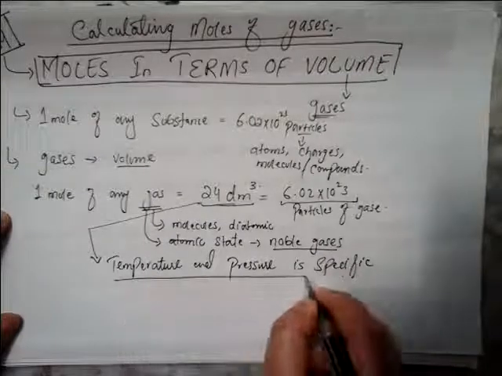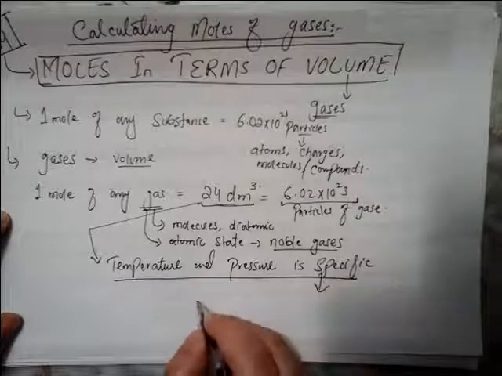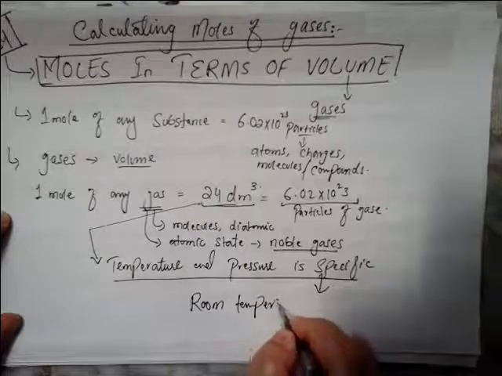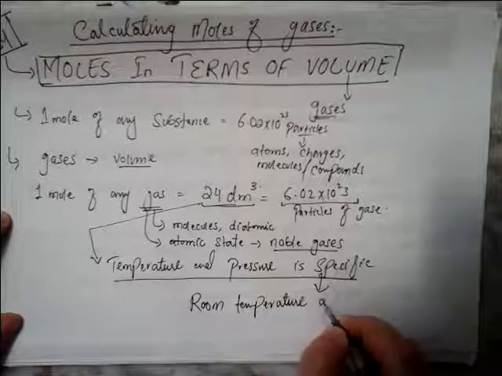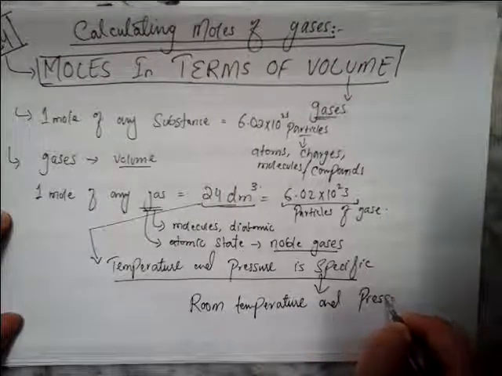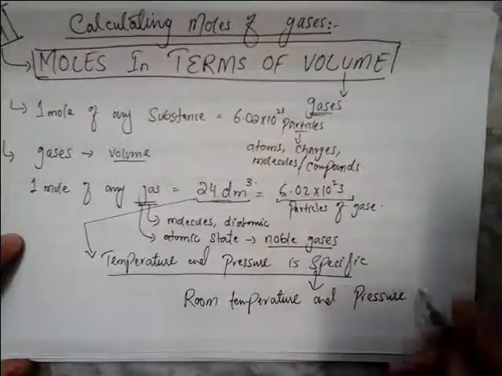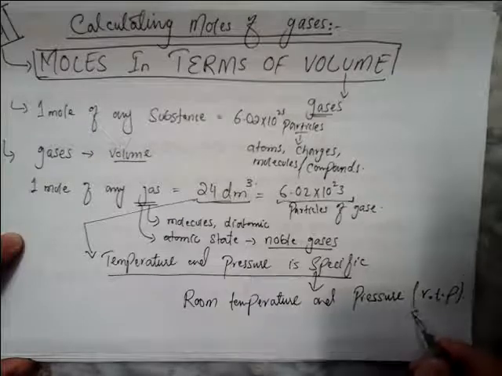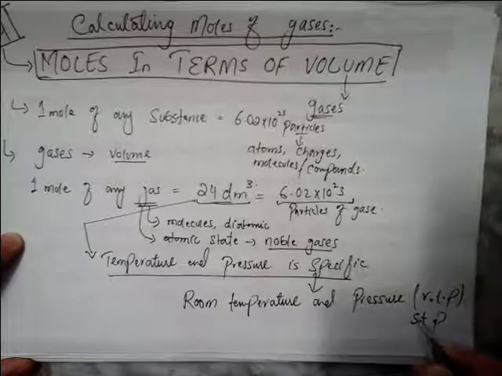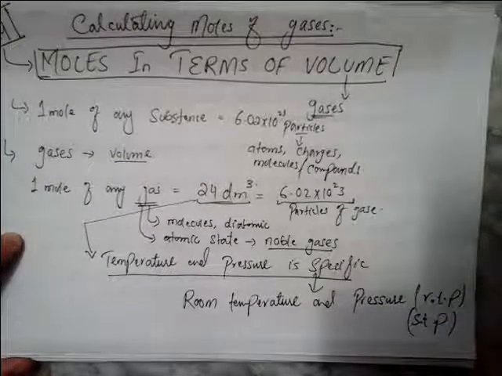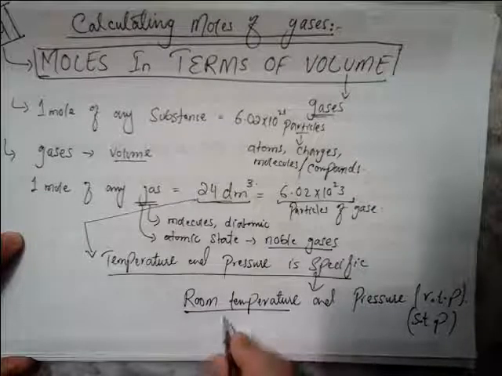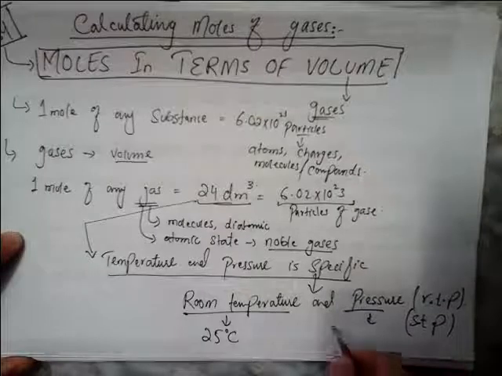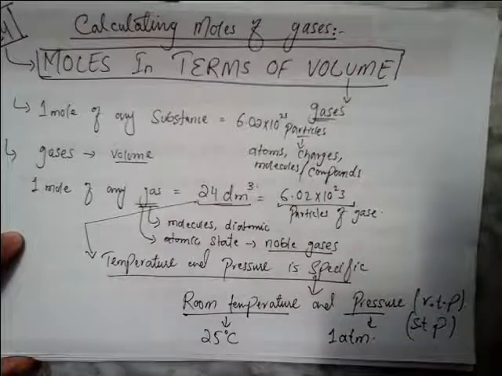The specific temperature and pressure is called room temperature and pressure, usually written in your book as RTP, sometimes also called STP, standard temperature and pressure. The standard room temperature is 25 degrees centigrade and pressure is 1 atm.